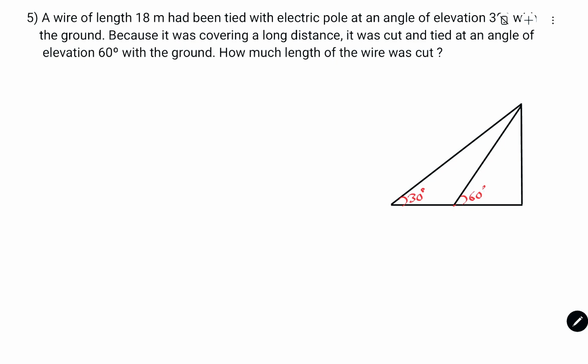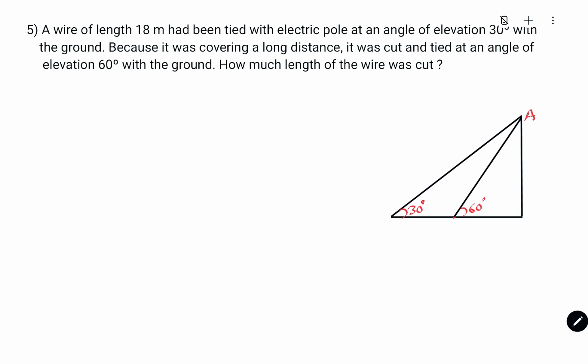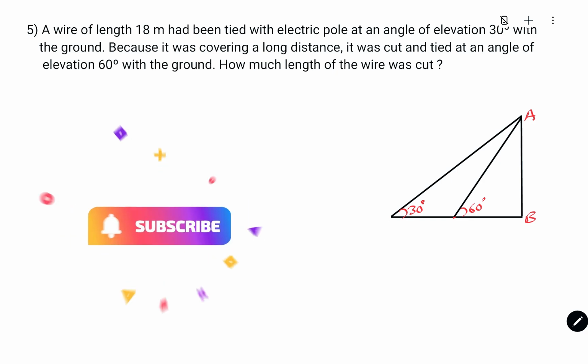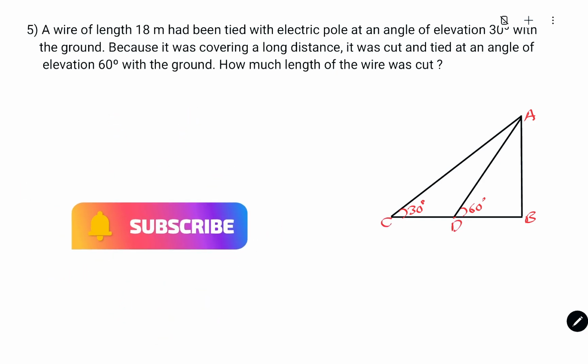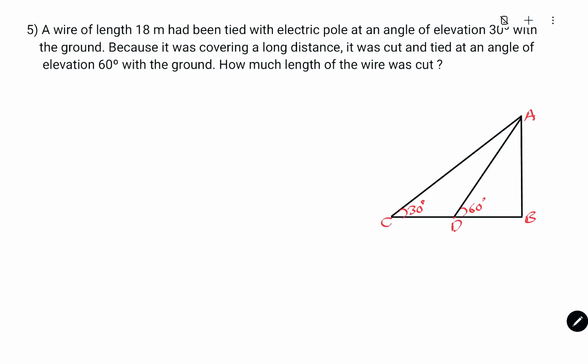Now keep the names to the vertices A, B, C. This one is D. Initial rope length is 18 meters. We assume AB length is H. Here AD length is X.